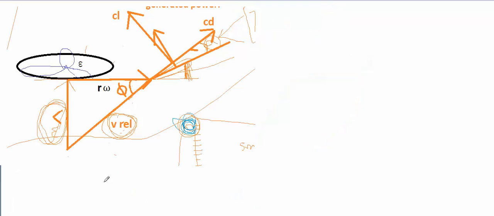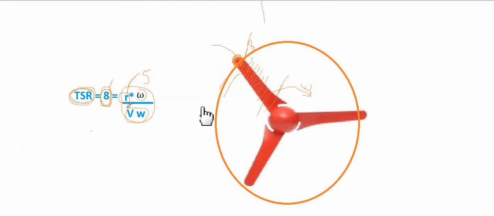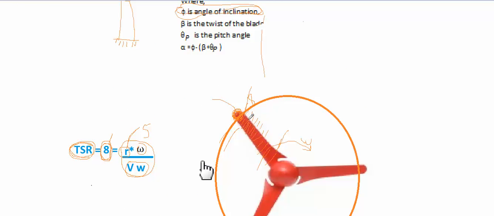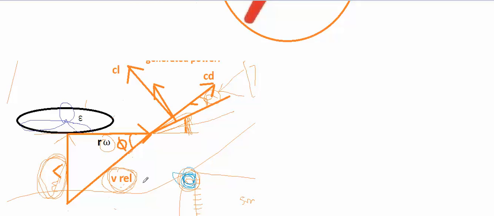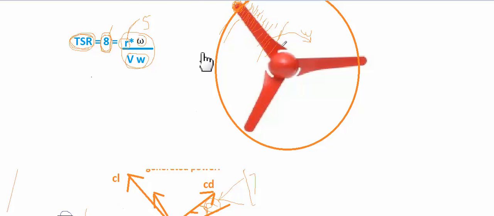Even omega is constant for all the elements, that means this element, this element, this element, for each and every element omega is constant. The only thing which is changing is the radius, that means the distance from the center of rotation.